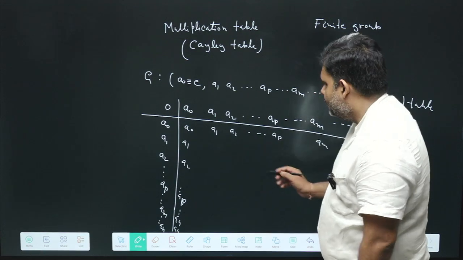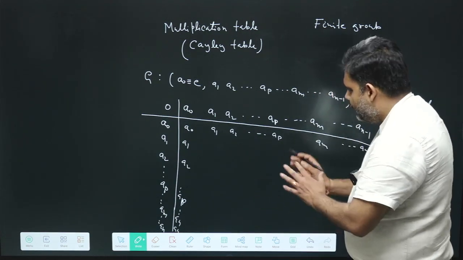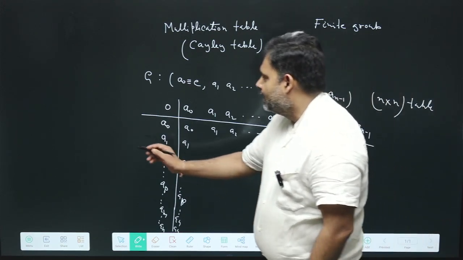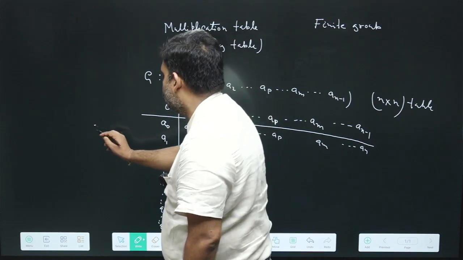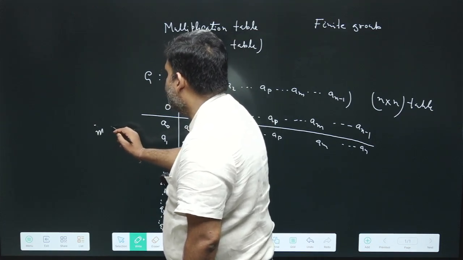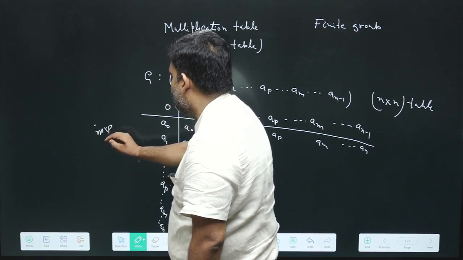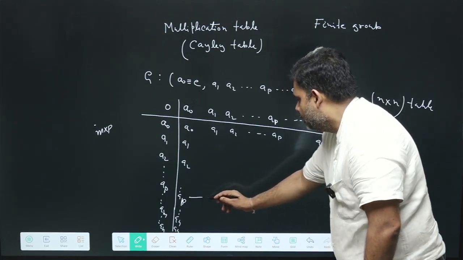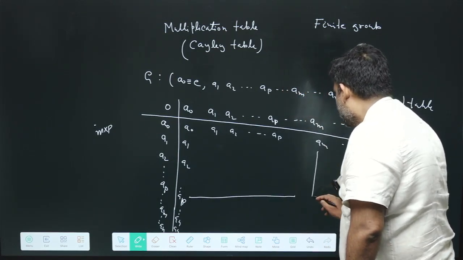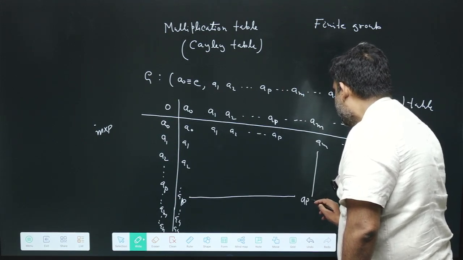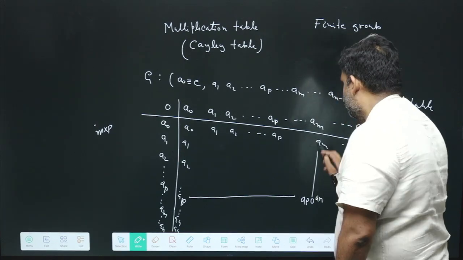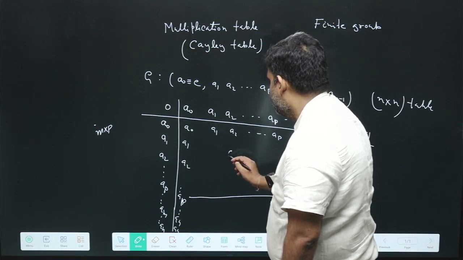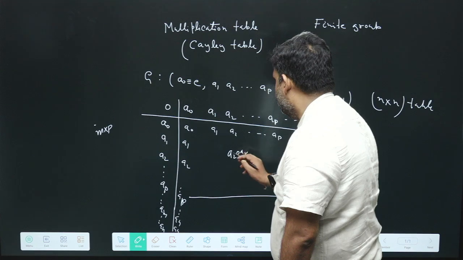If we look at the matrix element, say the M-P element, the M cross P element, it tells you the operation between ap and am. Similarly, this one will tell you a2 operation a2.